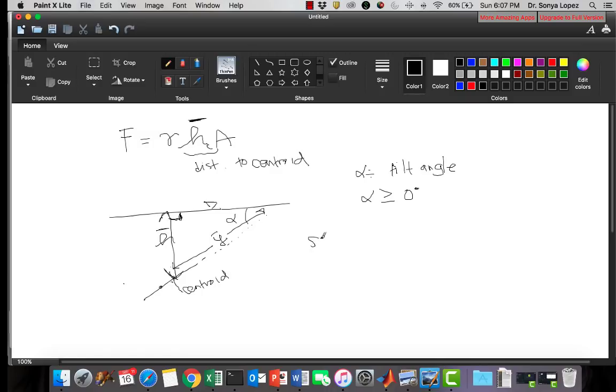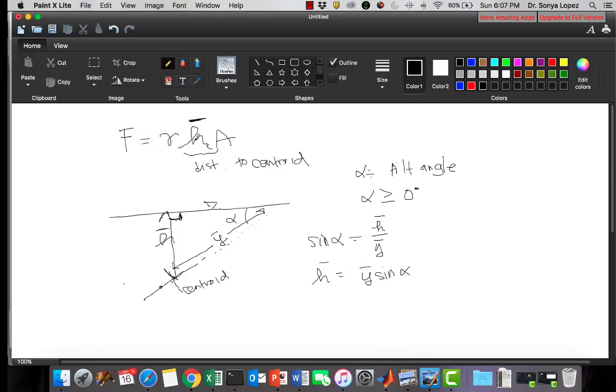So sine of alpha is h bar over y bar, which means h bar is equal to y bar sine alpha.